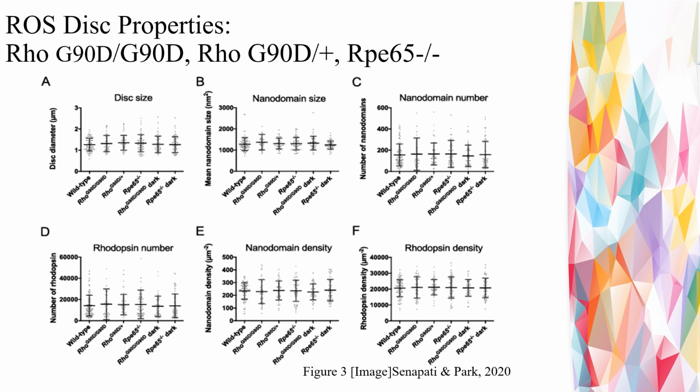ROS disc properties for wild type and Rho G90D, as well as RPE65. These mice, again, were housed under cyclic light conditions.